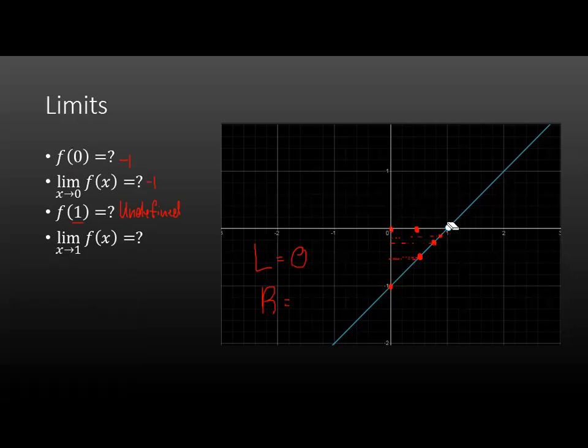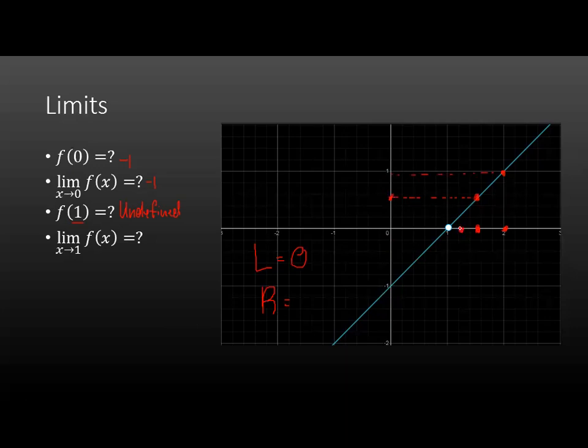On the right side, let's start at the x value of 2. 2 is here, and its y value is 1. Now, how about we get closer to 1? Let's say this is 1.5. The y value of 1.5 is here, which, as you can see, also gets closer to 0.